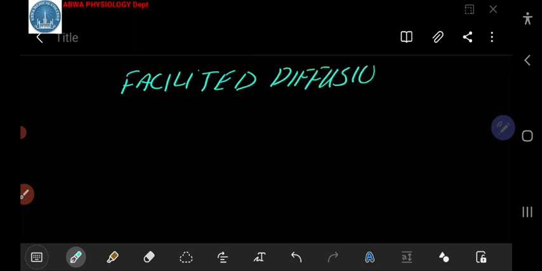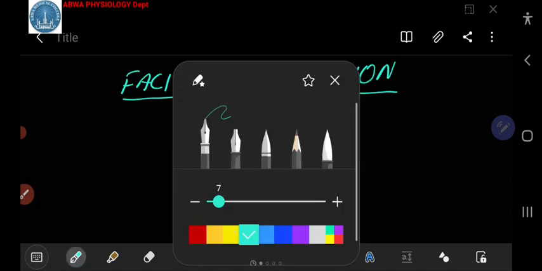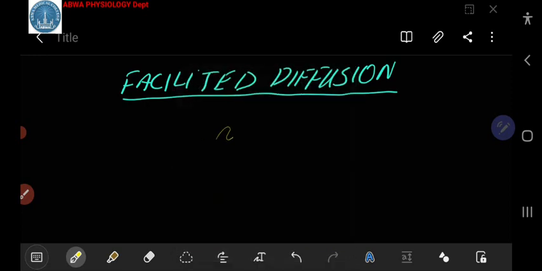Facilitated diffusion, as its name shows, should be facilitated or helped by something else. So facilitated diffusion is the movement of specific molecules or ions across the membrane assisted by a carrier protein.